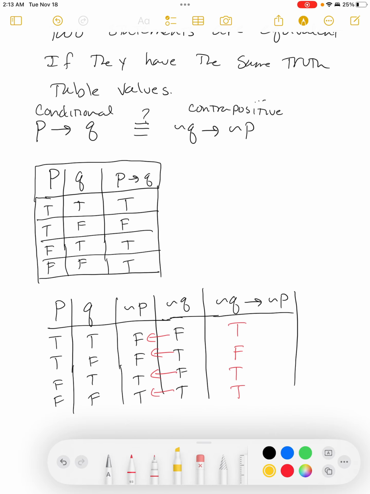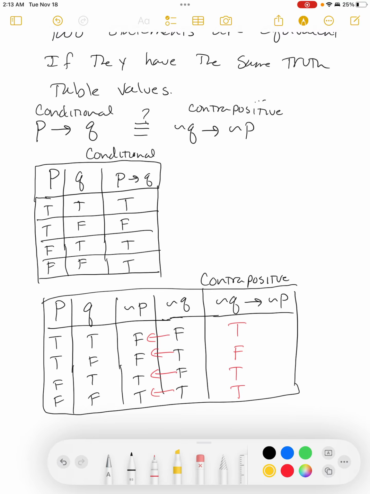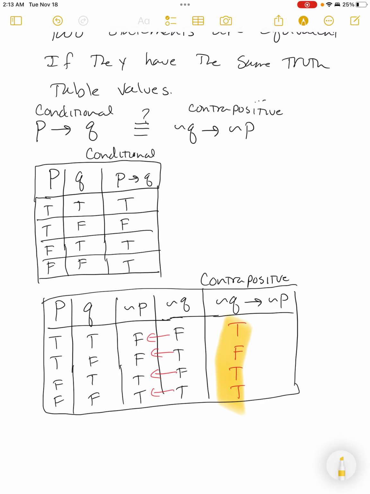So here's what I want you to see. These two statements, actually let me come back in here, put a big box around this, and call this, so remember this is the conditional, and this is the contrapositive. And look at this.